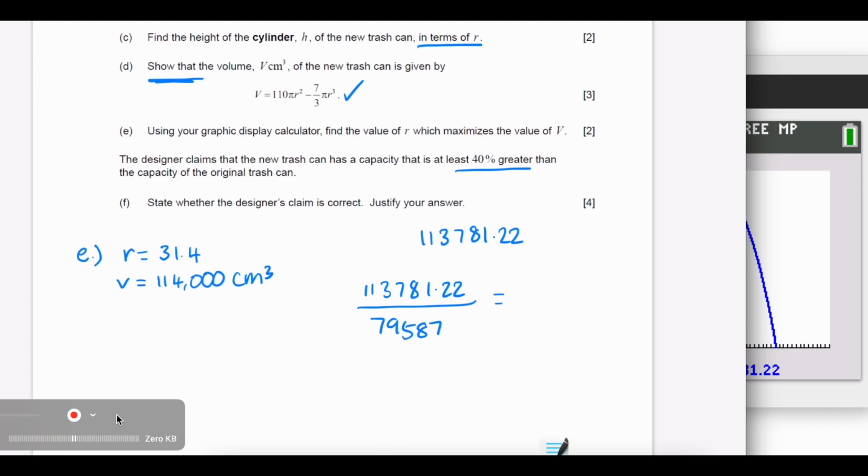And that gives me 1.4296. And this means that it is 42.9 or 43 if I round it, % greater. And therefore, yes, they are correct with their claim. It is a 43% volume, better than the original one.